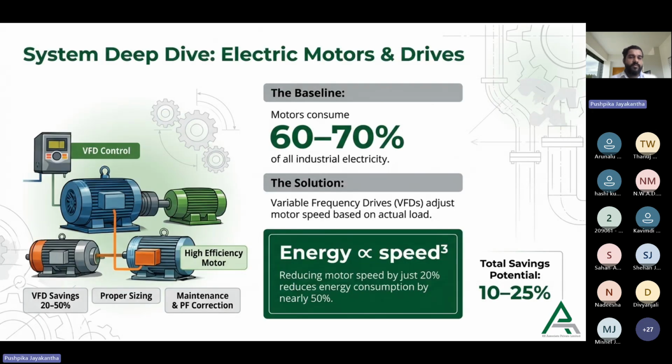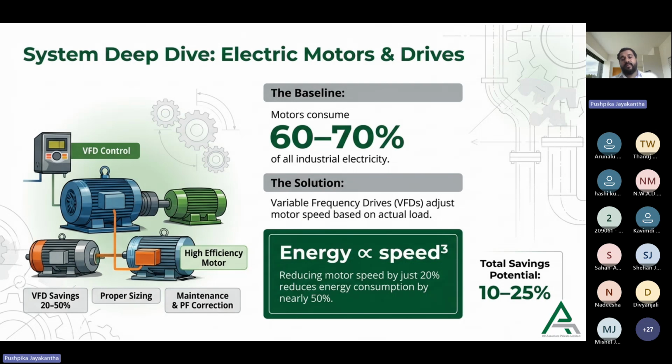First one is motors and drivers. Electric motors represent the largest electricity consumption in industry. We use motors in pumps, fans, compressors, conveyors. There are so many functions we use these motors for, and we can plan improvement opportunities inside these systems by installing high efficiency motors and setting variable frequency drivers.